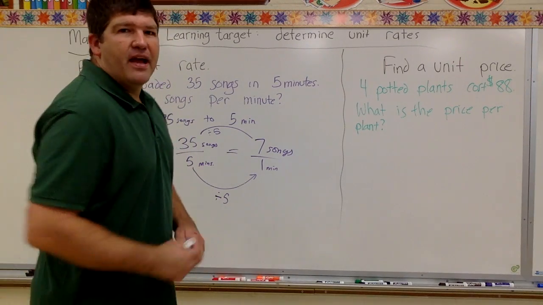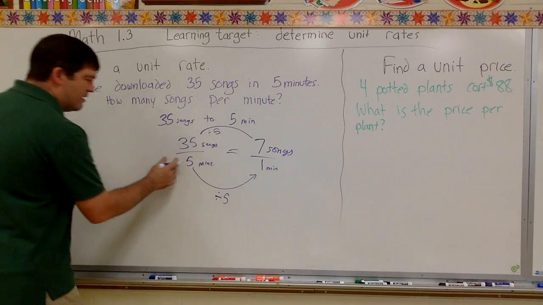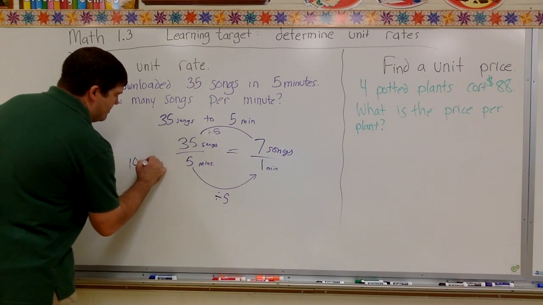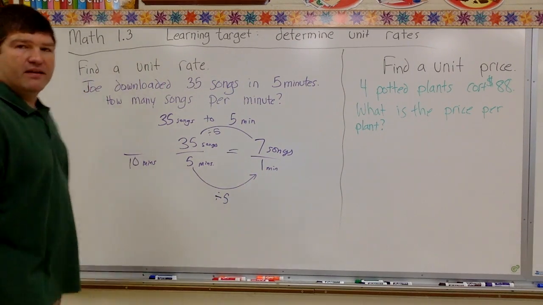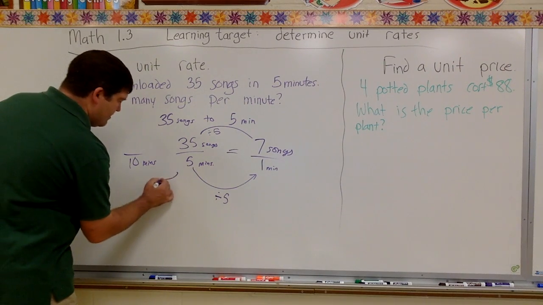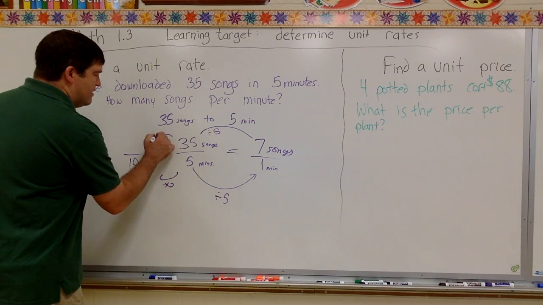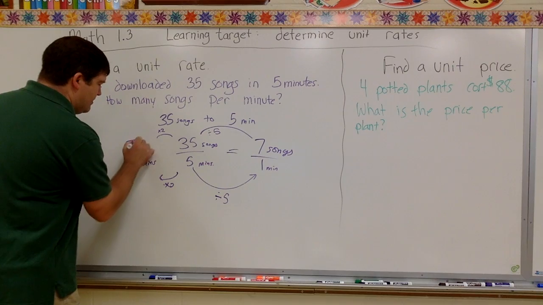Okay? I could also go the other way. Instead of getting it per unit, I could say, okay, what if I have 10 minutes? How many songs could I download? Well, 5, if I'm going this way, would be double it, or times 2. And if I times 2 here, that'd be 70.